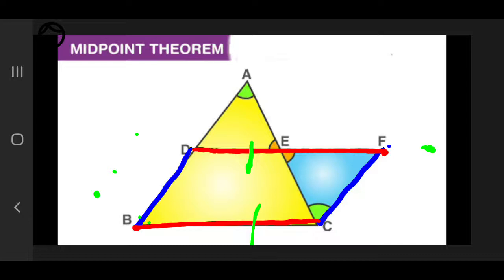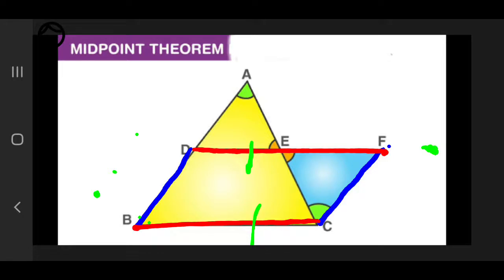To prove that, listen dear children. Now you can see a triangle ADE and a triangle EFC. Two separate triangles, ADE and EFC. They are equal, meaning congruent, if all sides are equal.